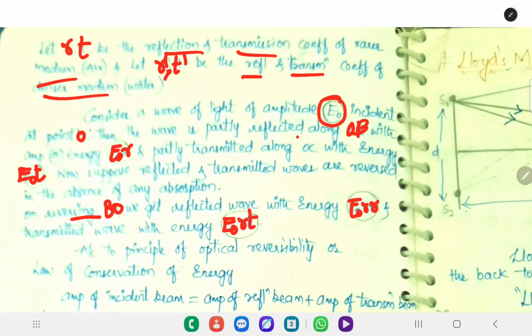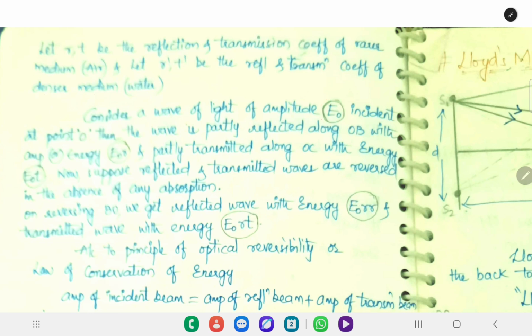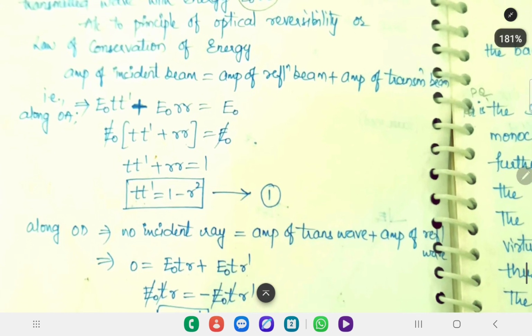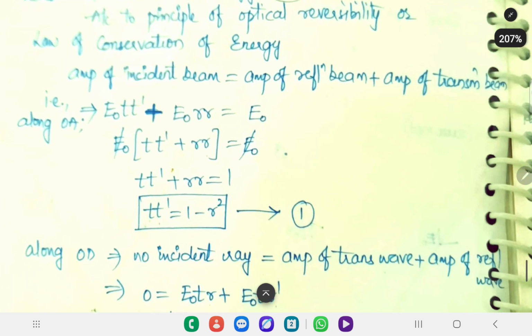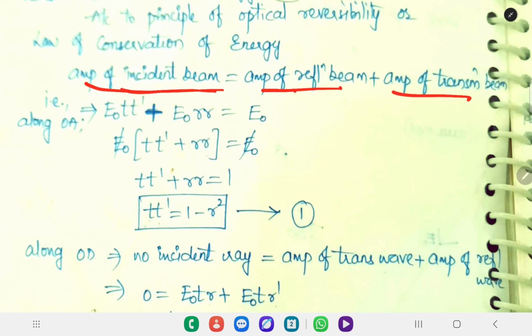So according to the principle of optical reversibility, or the law of conservation of energy, what can we write? We can write that the amplitude of the incident beam is equal to the amplitude of the reflected beam plus the transmitted beam. That is conserved energy.